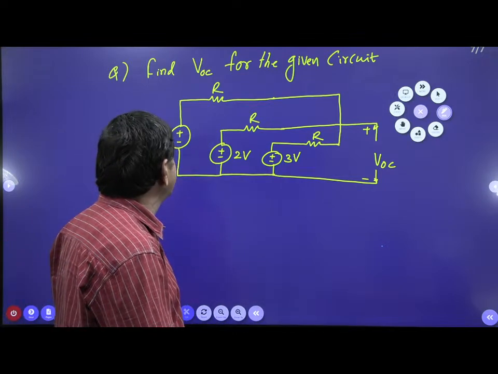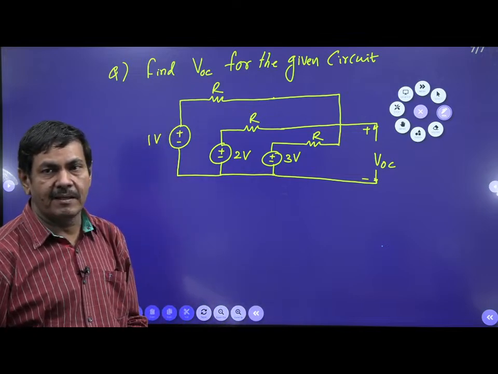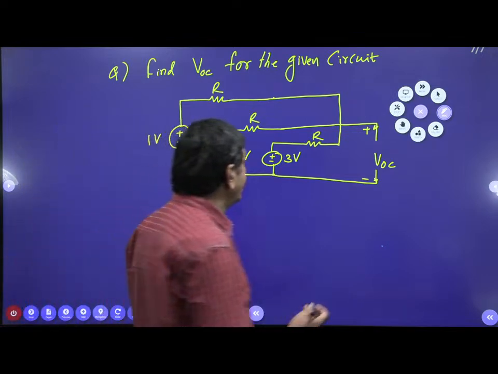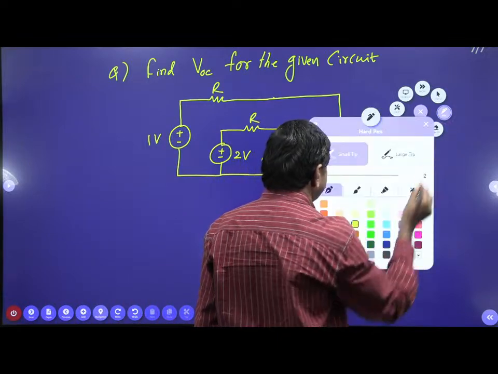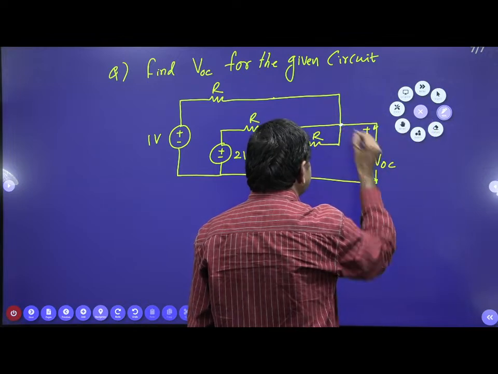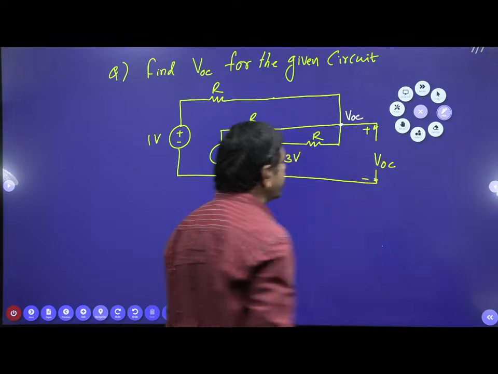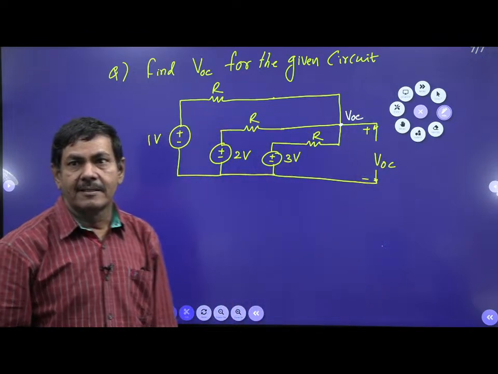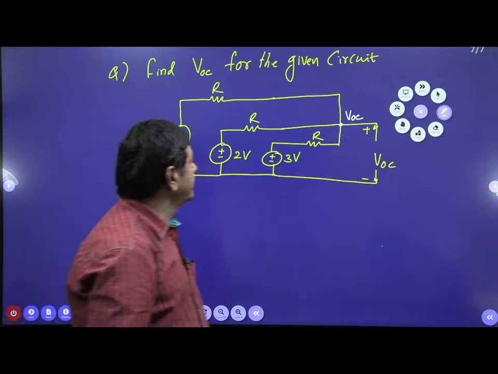Yes, now please watch. Thereby we require the open circuit voltage VOC. How can we get it? We know very well this node voltage is nothing but VOC, the open circuit voltage. Thereby nodal analysis is applicable.